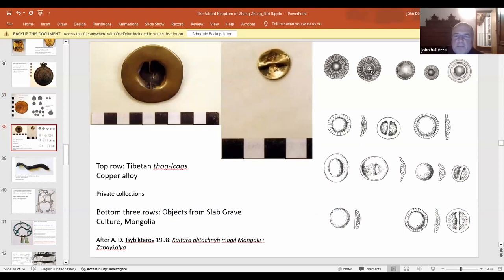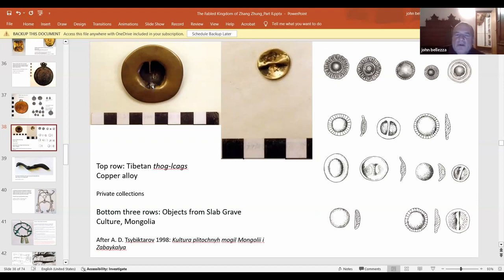Likewise, with these kind of buttons or discs, the top row are from Tibet. The bottom three rows of drawings of objects are from the Slab Grave culture, an archaeological culture that existed in eastern Mongolia from roughly 1100 to 400 BC.